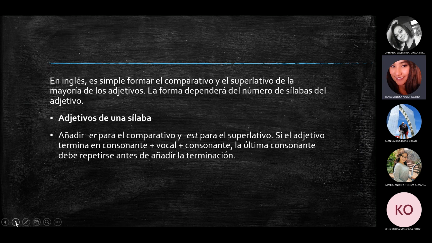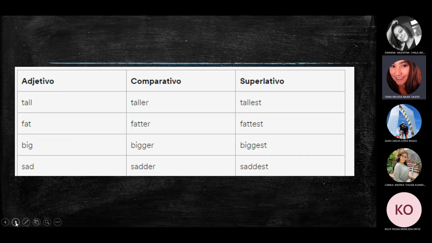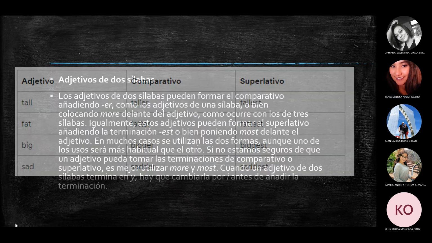In the case that these adjectives have more syllables, we change this. So we have this table: tall, comparative taller, and superlative tallest. Remember that these are short adjectives.